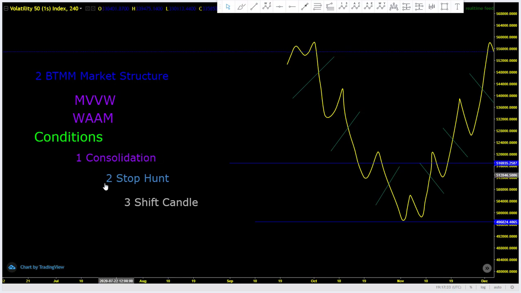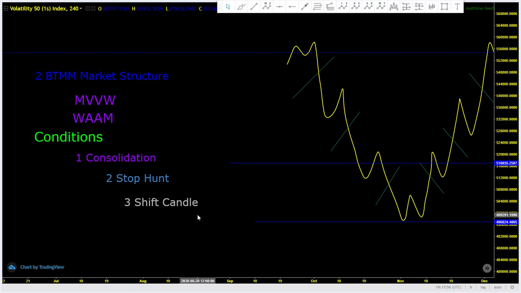Then after the peak lock, you want to see consolidation away from the peak. Then if you see consolidation away from the peak, you want to see a stop hunt in that consolidation. Then after the stop hunt, you want to see price moving in the opposite direction of the stop hunt to then give you a shift candle.